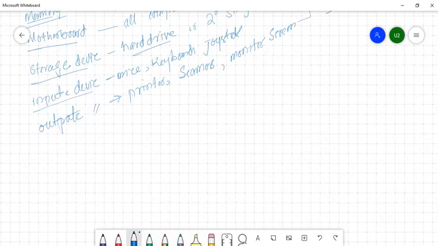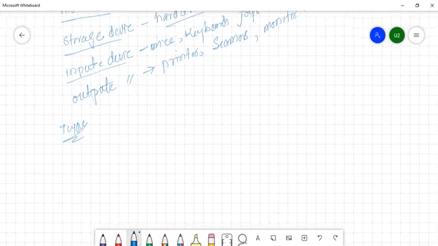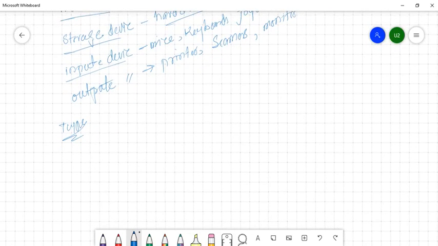All right, now coming to types. Generally, it can be a desktop, laptop, notebook, netbook, or hybrid, like I have. A hybrid device can function as more than one, such as tablet and smartphone. But on the basis of speed and power, it is mainly classified into four or five categories.